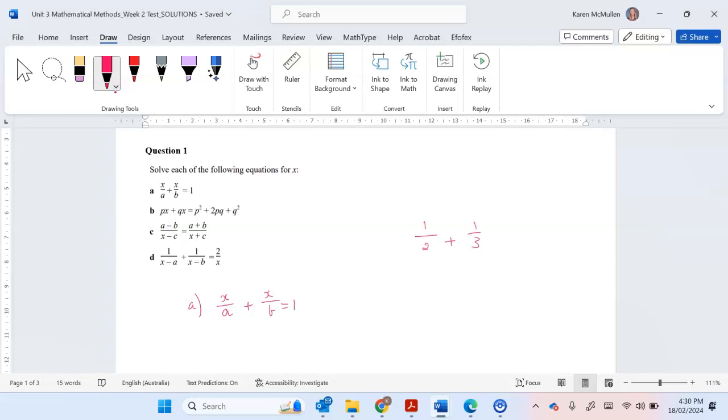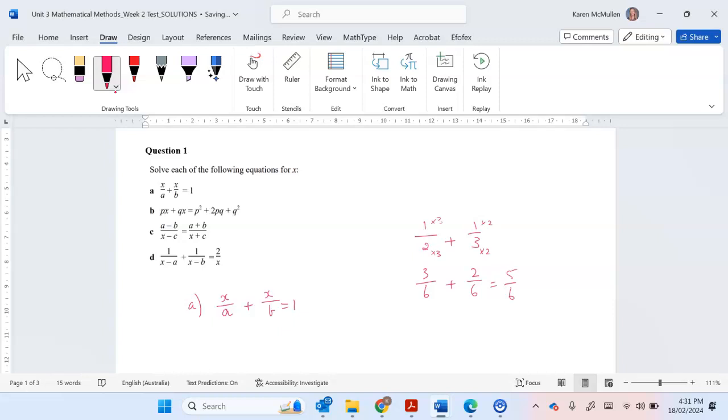So you would change your denominator to be 6, your lowest common denominator, and so we basically say, what do we do to get to 6? We multiply it by 3. So whatever we do to the bottom, we do to the top. And then we've got to change this one. So 3/6 plus 2/6 is 5/6.